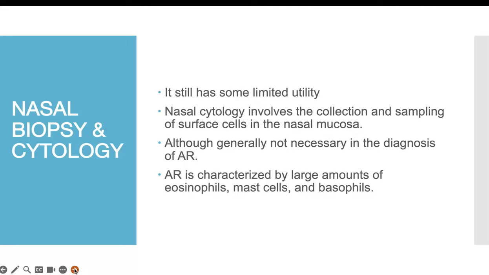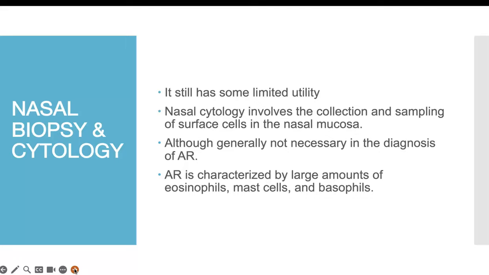Now, moving on to the next test, that is nasal biopsy and cytology. Now it is a traditional method, and it has some limited utility, mainly when alternative diagnoses such as granulomatous nasal conditions are being considered. Okay, nasal cytology involves the collection and sampling of surface cells in the nasal mucosa.